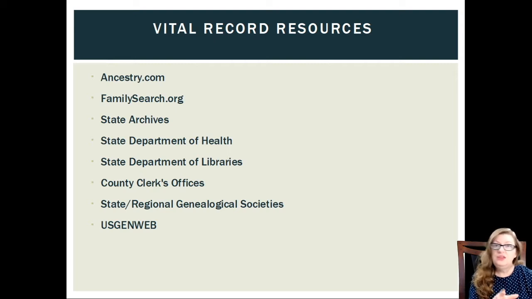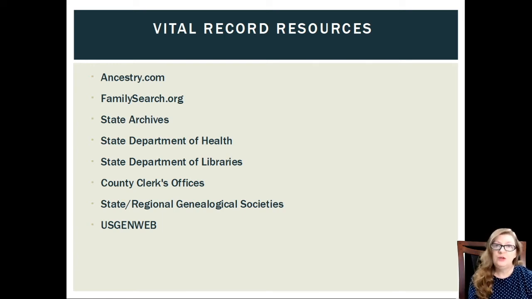Then if neither one of the state archives, Department of Health, state libraries, or the county courthouses has any information that helps you, what you can do then is go to the local genealogical societies, the state genealogy societies. See if those volunteers have created an index letting you know what is available on the state level and on the county level, and maybe you can use that index to find your ancestor.